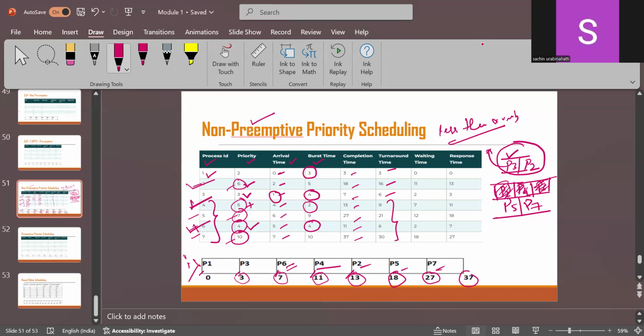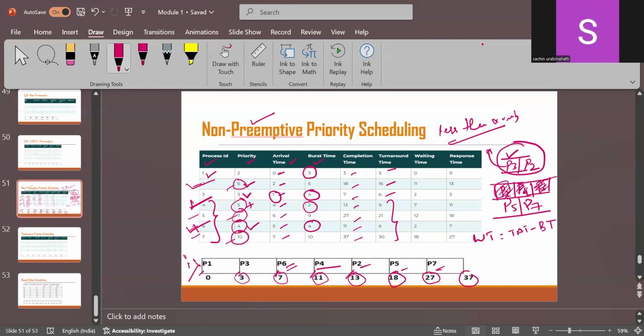And what about waiting time? Waiting time is equal to turnaround time minus burst time. So how to calculate waiting time now? What is the turnaround time of P1? 3.